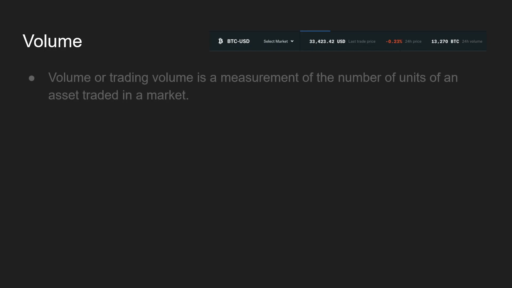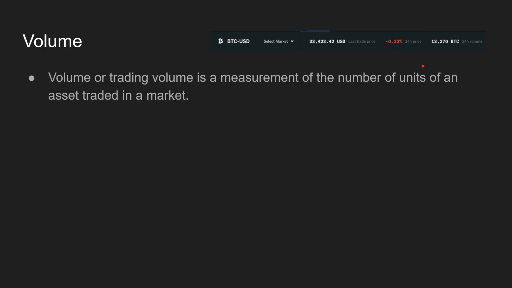We'll also talk about volume, or trading volume, that is displayed on the trading exchanges. Volume or trading volume is a measurement of the number of units of an asset traded in a market. This can be displayed in terms of the crypto itself. Here we see in terms of Bitcoin, so 13,270 Bitcoin was traded in a 24-hour period.